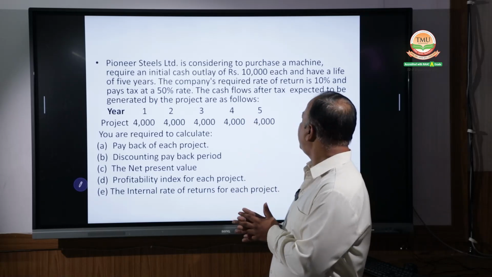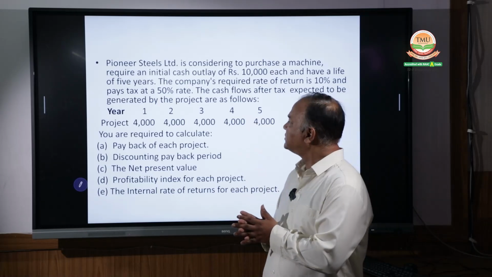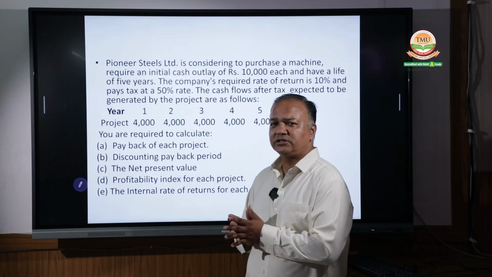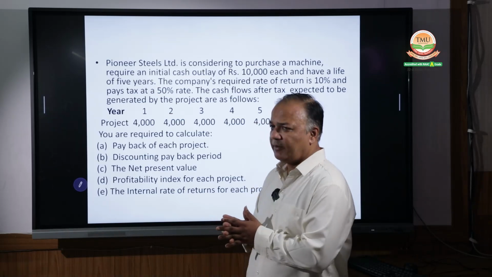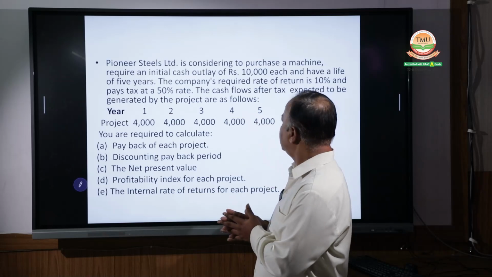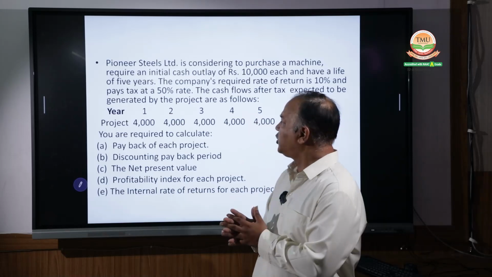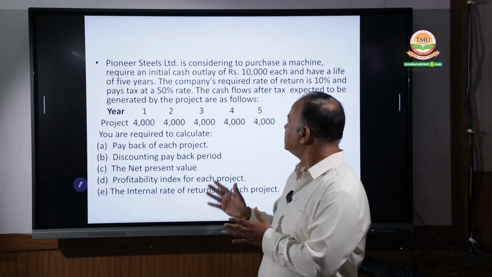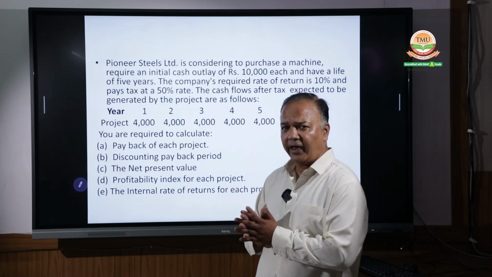The company's required rate of return is 10%. The company pays tax at a 50% rate. The cash flow after tax expected to be generated by the project is as follows.